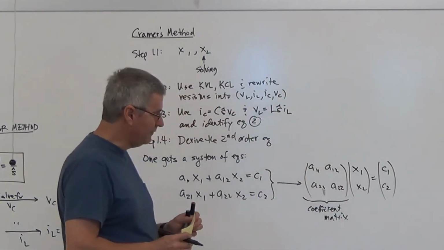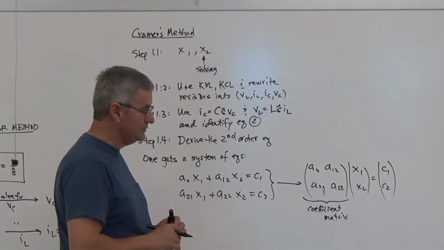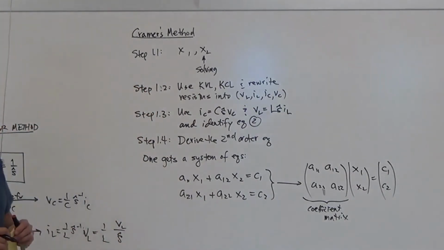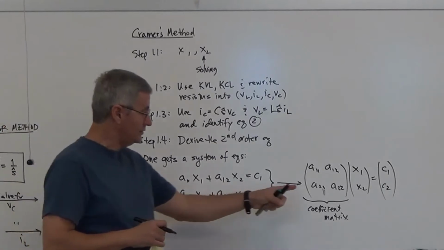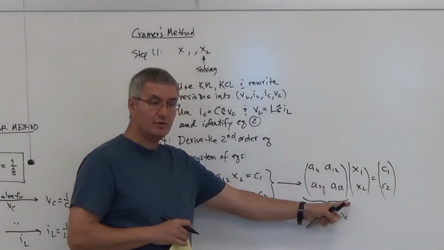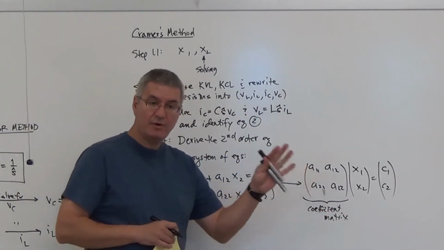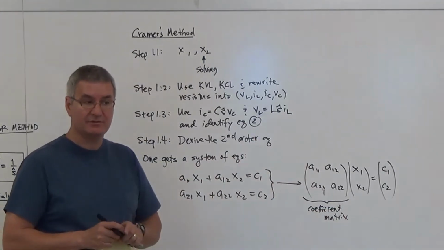And so what you're going to find here is that you get x1 and x2, which are typically the voltage of the capacitor and the current of the inductor. Then we're going to solve for x1 or x2. And here's where the power of this equation is.